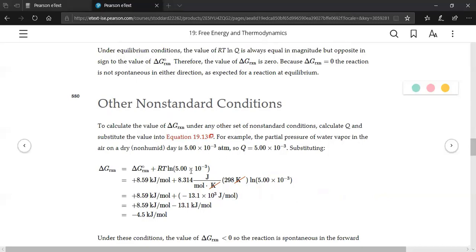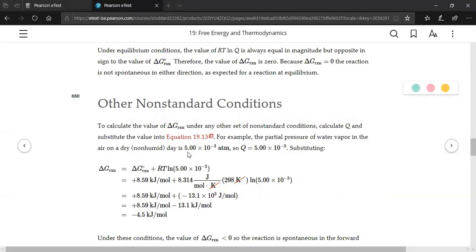If you put that in there, then you're not at equilibrium. Let's see. Yeah, this is still room temperature. Oh, a non-humid day. Okay, so yeah, that makes more sense.